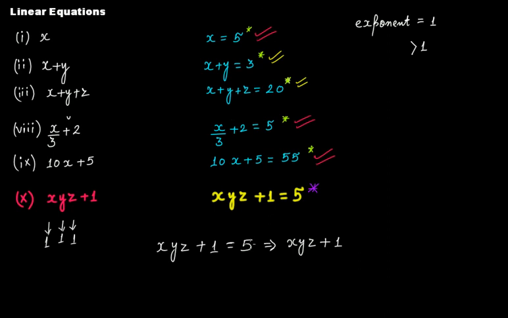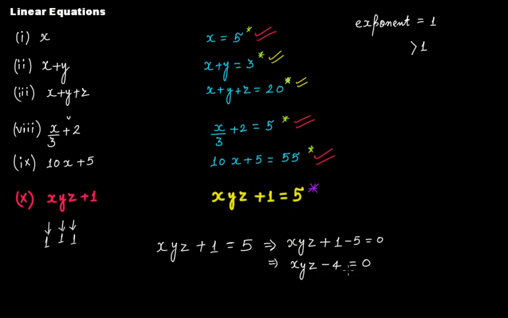We transpose this 5 to the left hand side, so this becomes minus 5 equal to 0. This is x y z, and plus 1 minus 5 means what? Minus 4. This is equal to 0. If you look at this equation, this is also an equation that is equal to 0. We have just simplified it.